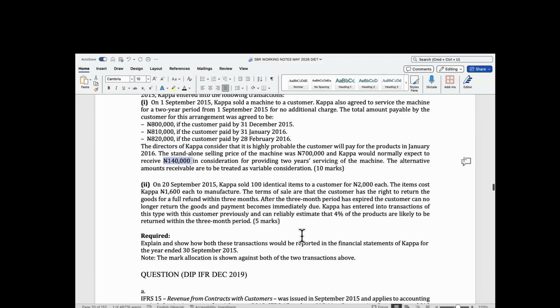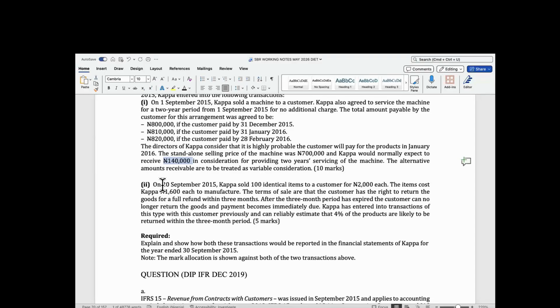Now, the second one. On 20th September 2015, Kappa sold 100 identical items to a customer for 2,000 naira each. The item cost Kappa 1,600 each to manufacture. The terms of the sale is that the customer has the right to return the goods for a full refund within 3 months.